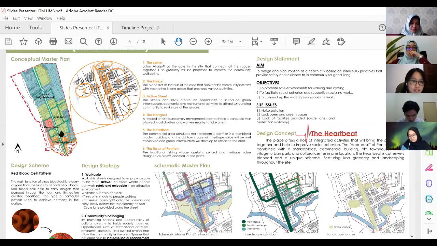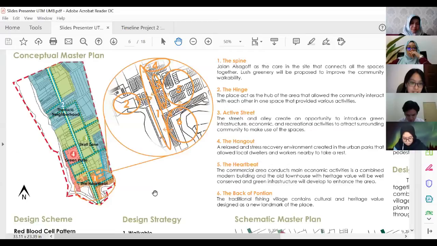The conceptual master plan is divided into four main areas, and I'm taking the area called the heartbeat. I chose this term because it refers to this area, which is a commercial area.